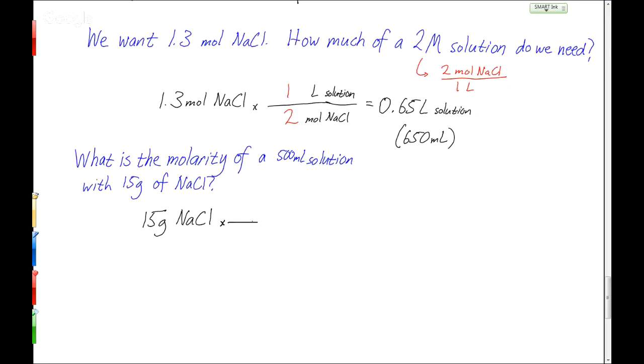So 15 grams NaCl. We need to get rid of grams of NaCl and instead have moles of NaCl. So we add that together. Na is 23, Cl is 35.5.